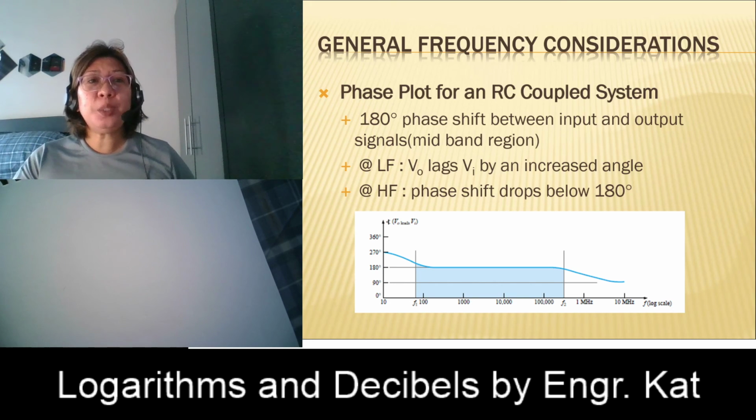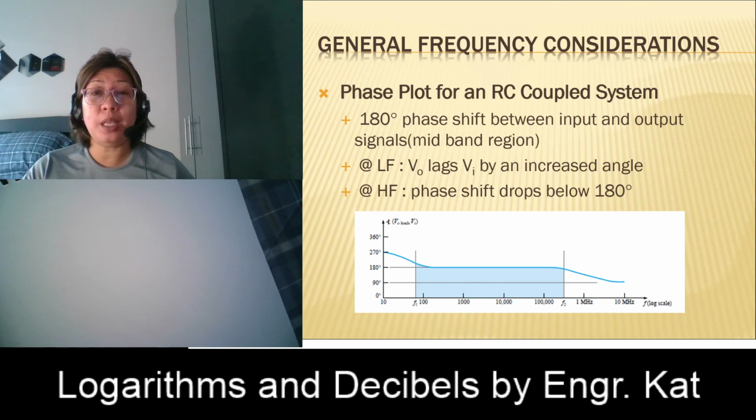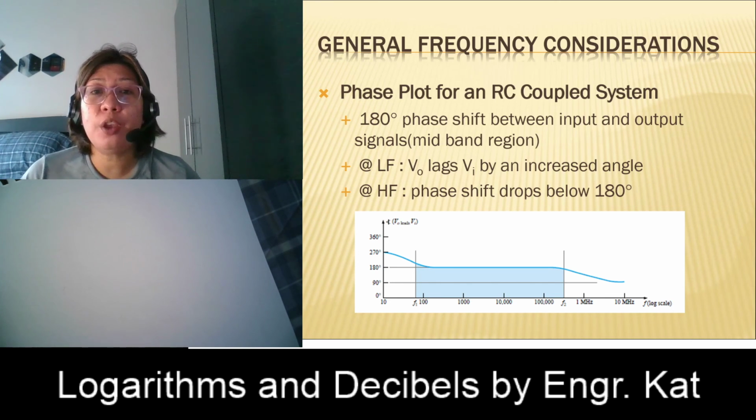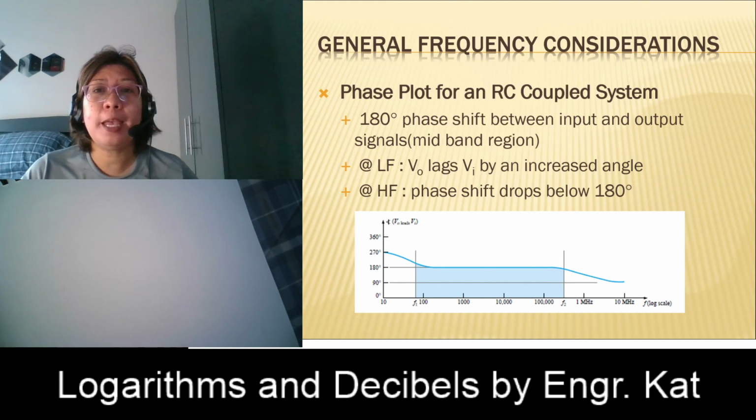Okay, so the phase plot for an RC coupled system: there is a 180 degrees phase shift between input and output signals at the midband region. At low frequencies, your VO lags VI by an increased angle. And at high frequency, the phase shift drops below 180.